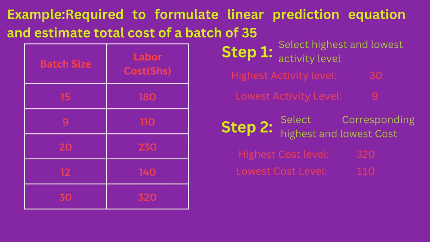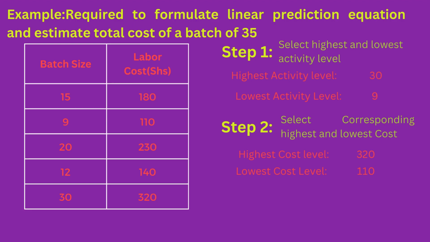Let's apply the high-low method in an example which I think you can see on your screen. We have a table which has the batch size and also the labor cost in shillings. So we can see the batch size and the corresponding costing of labor. We'll be doing this step by step.